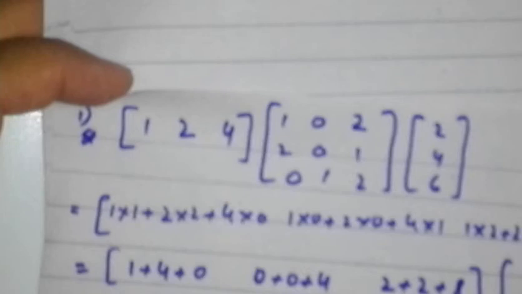Now first row into third column, 1 into 5 plus minus 2 into 4 plus 3 into 0. Close the bracket and write minus 2 minus 5 7.